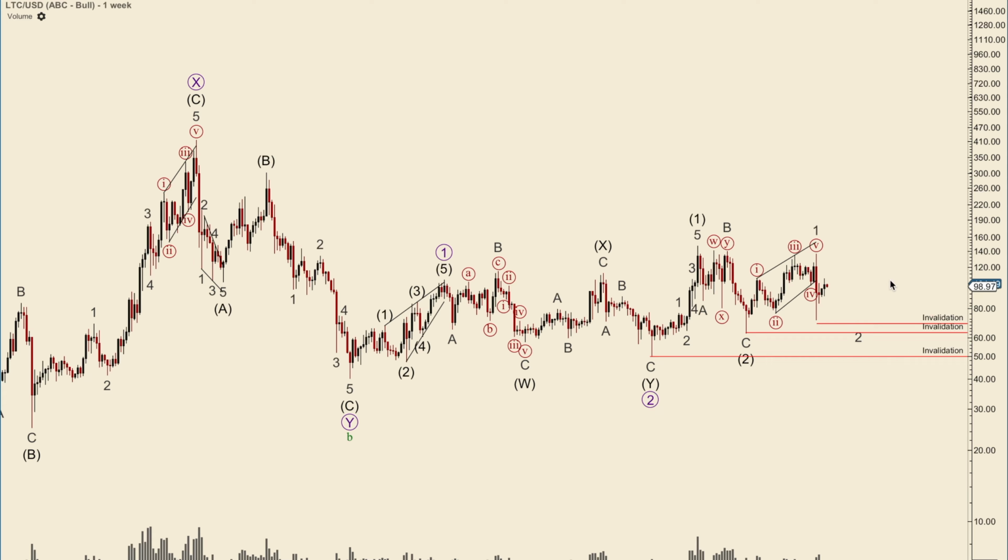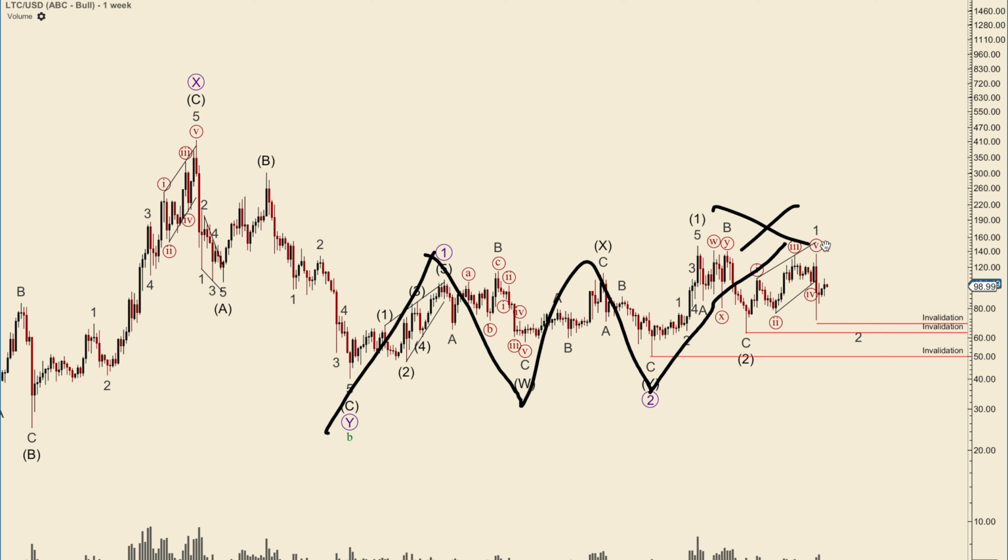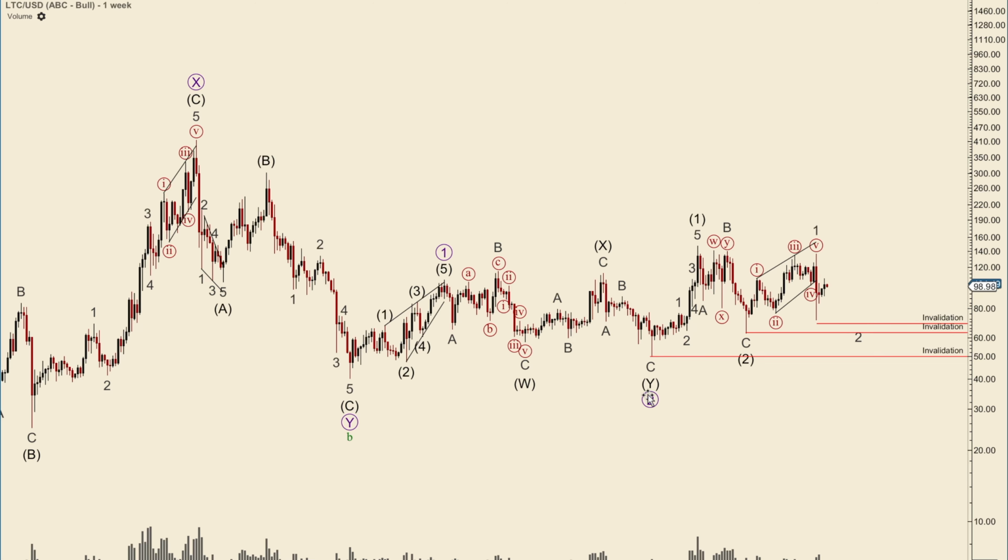So yeah, in this scenario as well, this is the soft invalidation, and this is the invalidation for this count, and then this is the invalidation for having the 1 and the 2 here. And if you take out this, then you are dealing with a 1, a W, and then a wave X around here, and then you need a wave Y here, and then it suddenly starts to become very long.